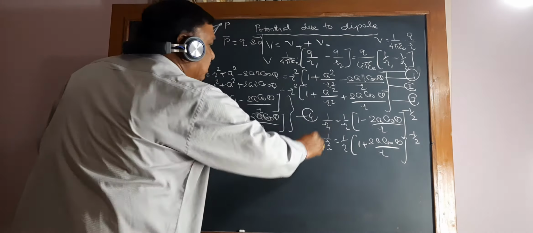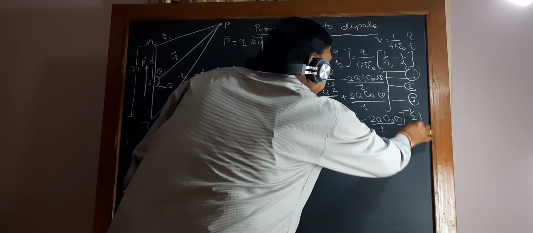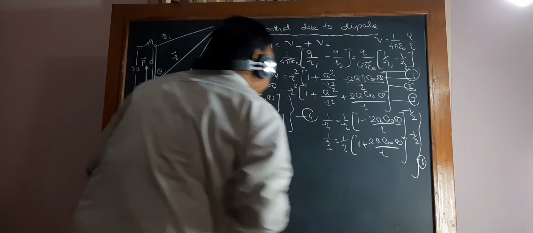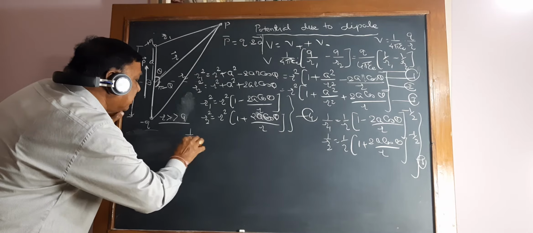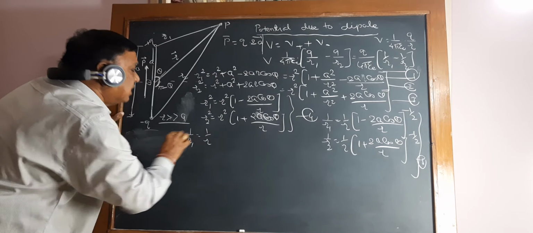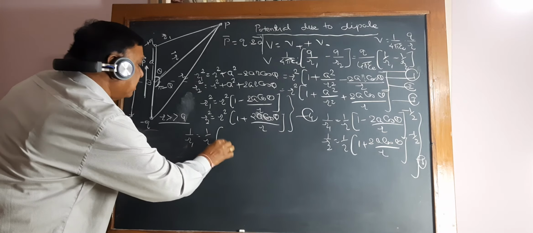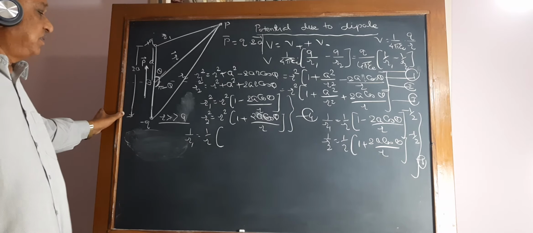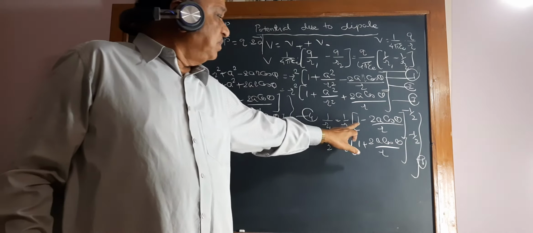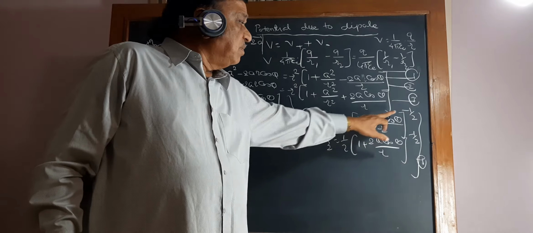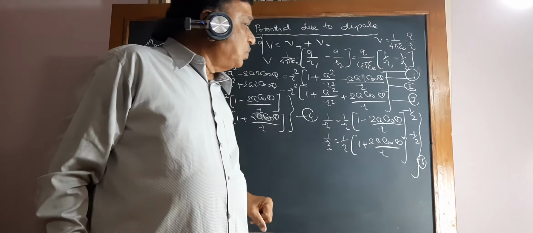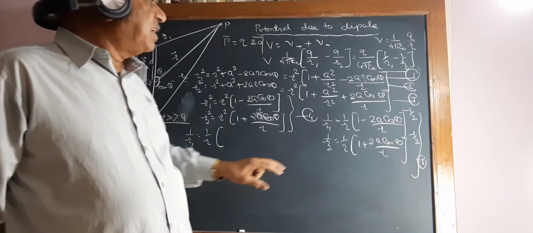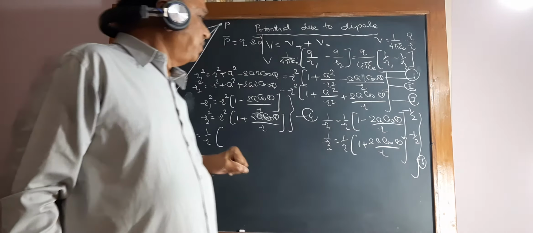So equation 5 can be represented as 1 upon r1 equal to 1 upon r in the bracket 1 power minus 2a cos theta by r multiplied by minus 1 by 2.